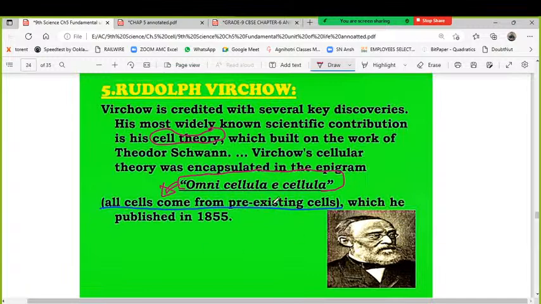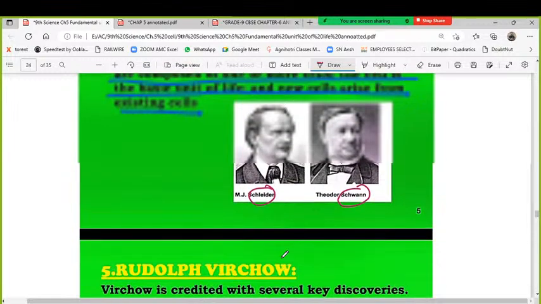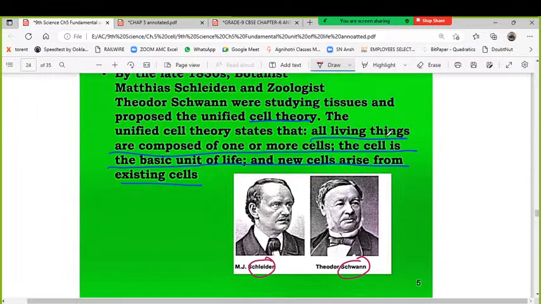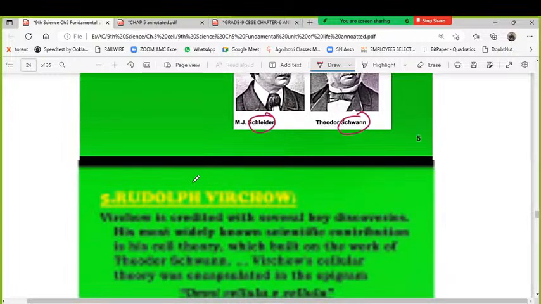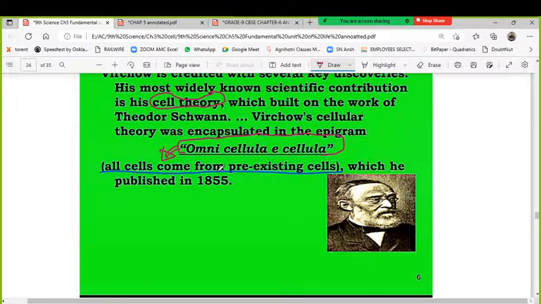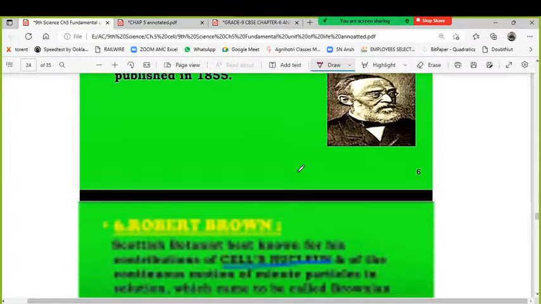All cells come from pre-existing cells. It is a very famous theory, and this one is also very famous. All living things are composed of one or more cells. He suggested about unicellular and multicellular, and also suggested that new cells arise from existing cells. But he suggested that all cells come from pre-existing cells.